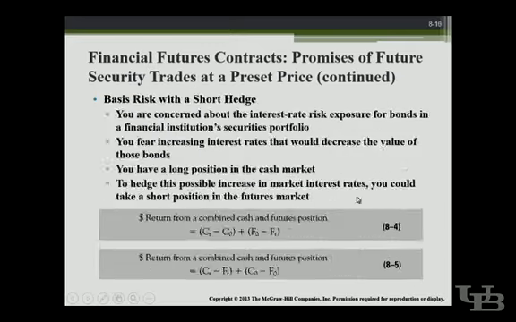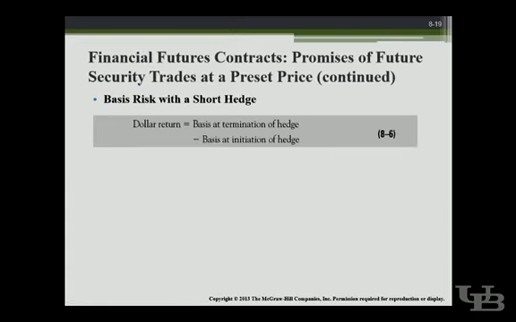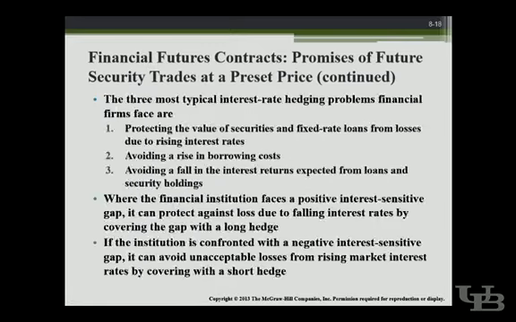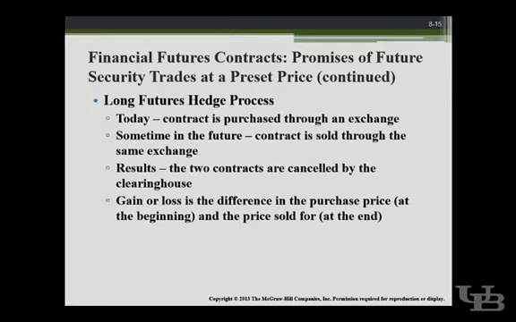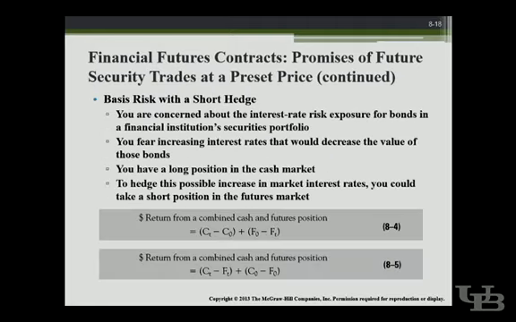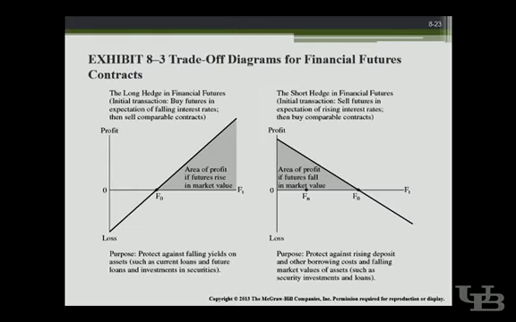And I'm going to go back to that graph, please. In the short futures contract, we had F0 and the value rising to Fn. If market rates rise, values will fall, because we expect rates to rise.